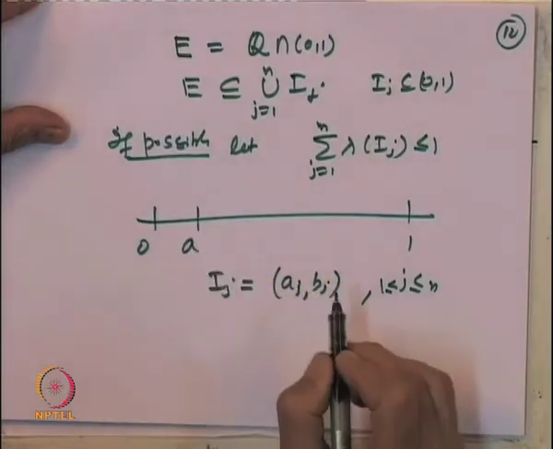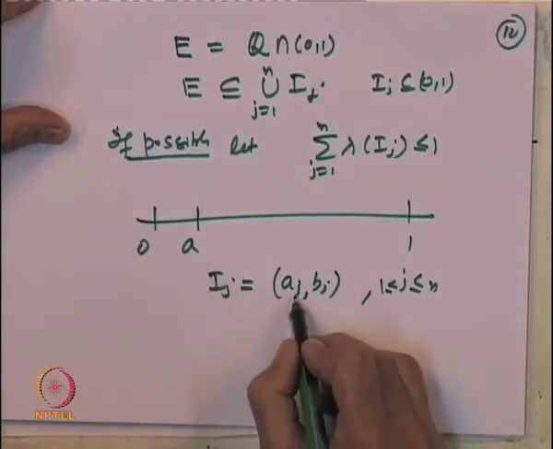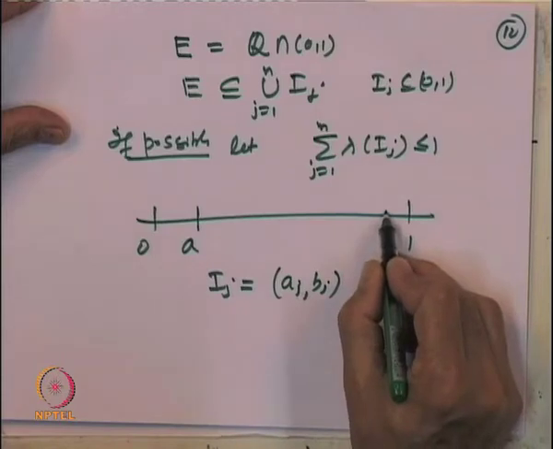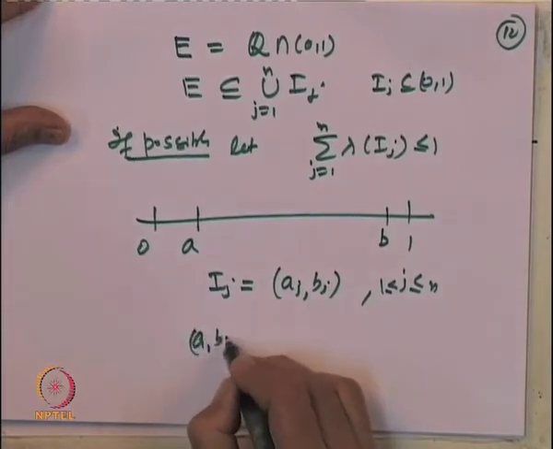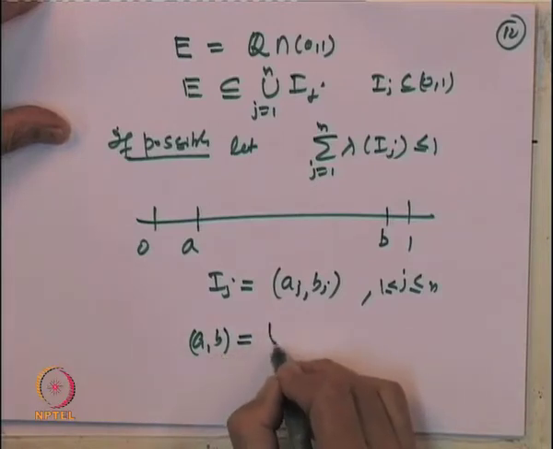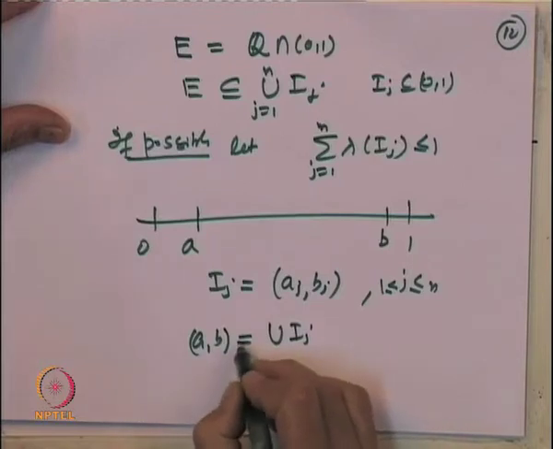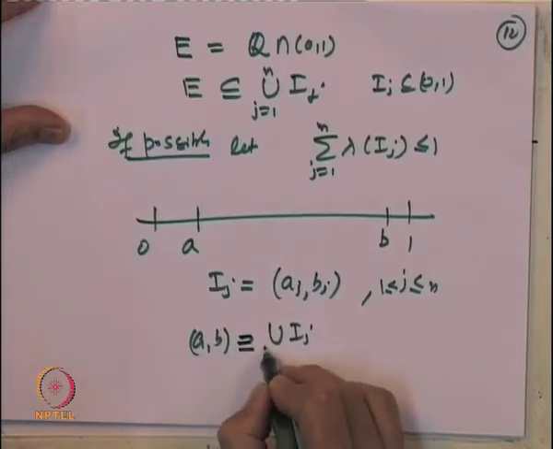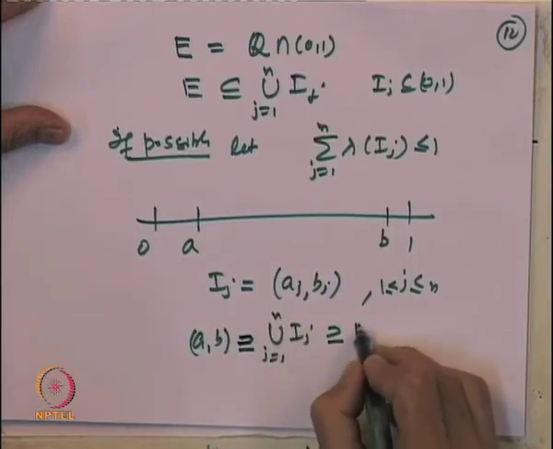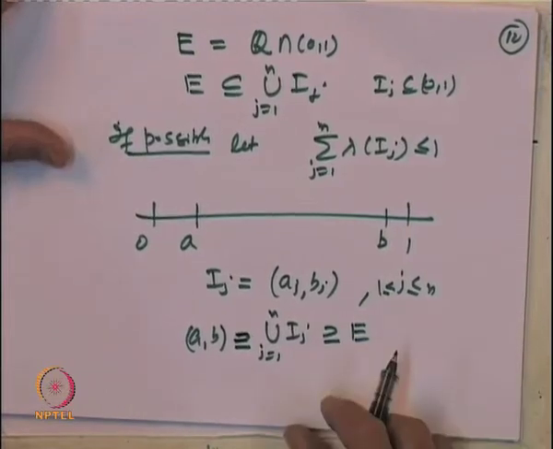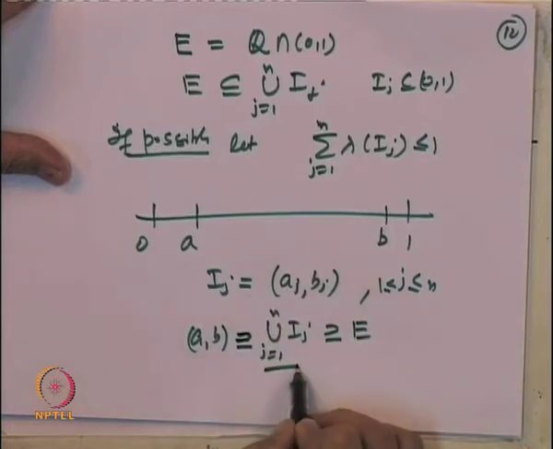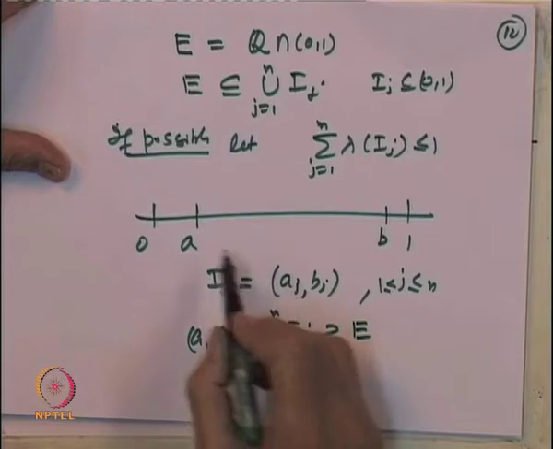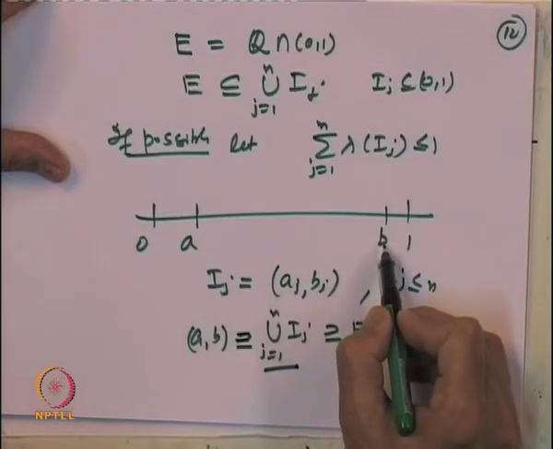Let us say the smallest is here, that is A. So, A is the smallest of the numbers A 1, A 2, up to A n, and for the B j's, look at the largest and call that B. Then this interval A B, closed maybe, does not matter, will cover the union of the I j's, j equal to 1 to n, and they cover E. So that covers E, with A the smallest and B the largest.